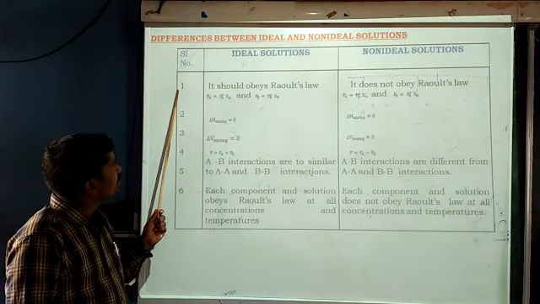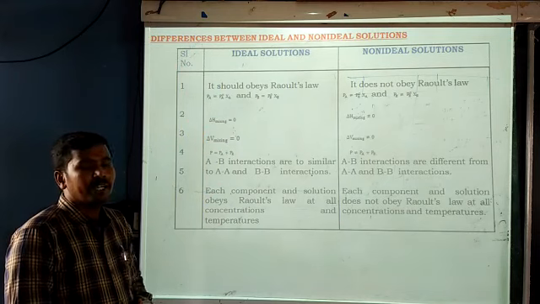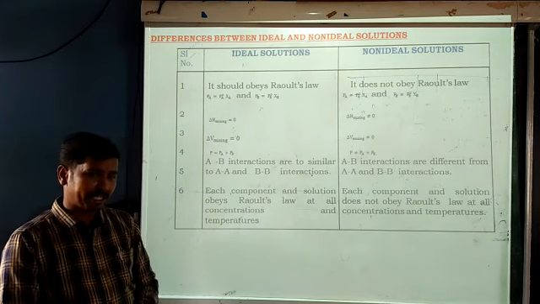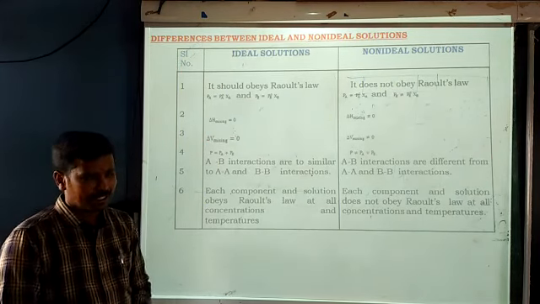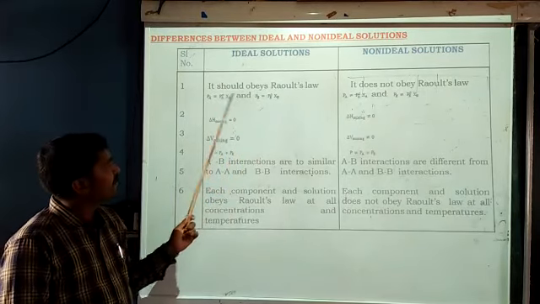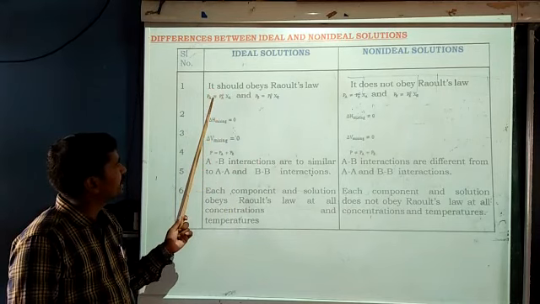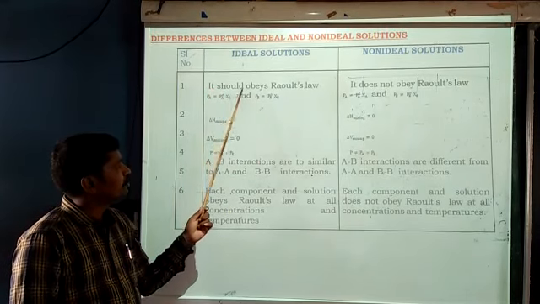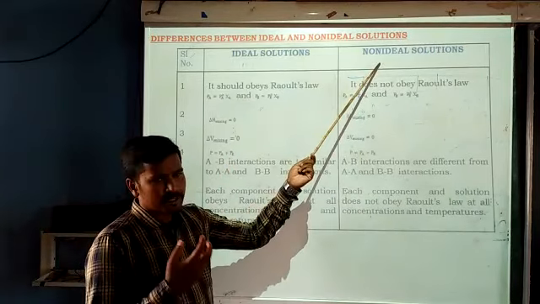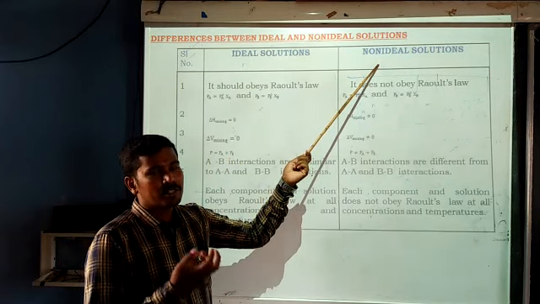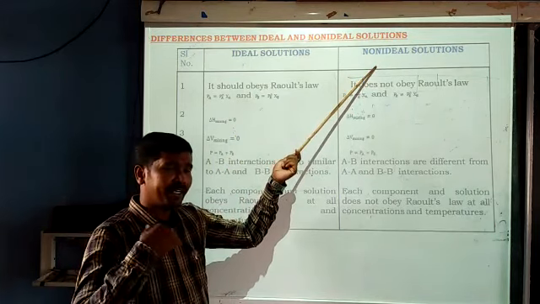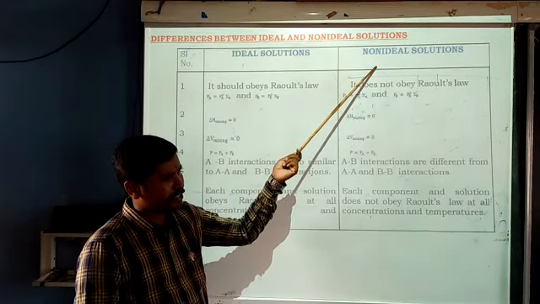Let us go to the first point. Ideal solutions are the solutions which obey Raoult's law over the entire range of temperature and concentration. According to Raoult's law, PA is equal to PA naught into XA, and PB is equal to PB naught into XB. But non-ideal solutions are the solutions which do not obey Raoult's law over the entire range of concentration and temperature.